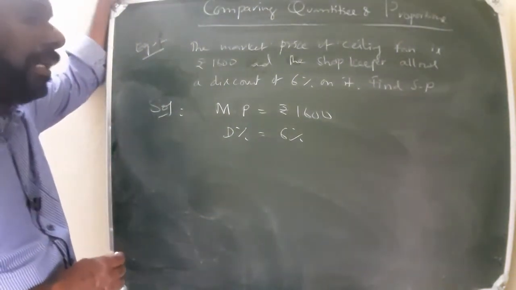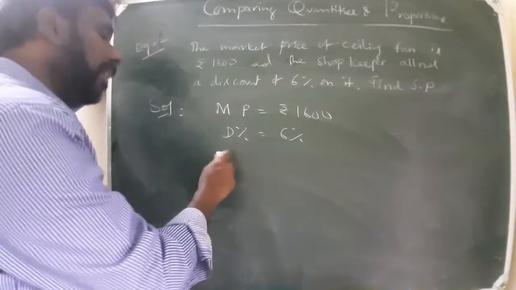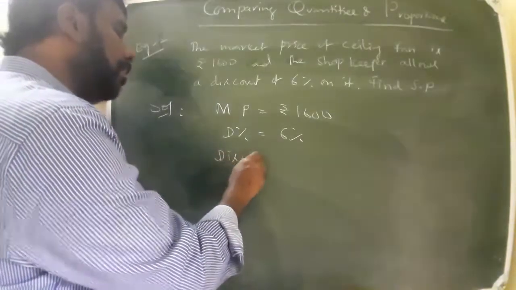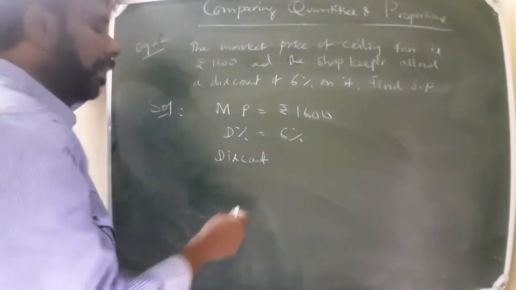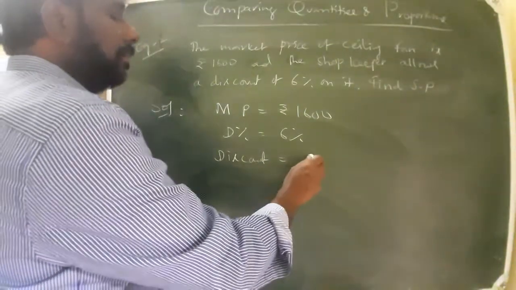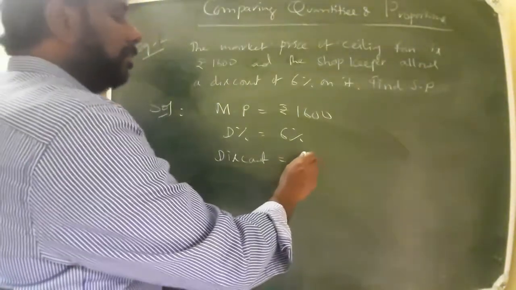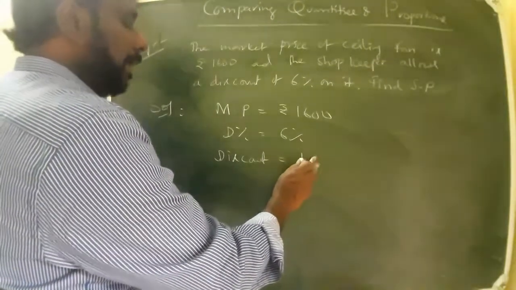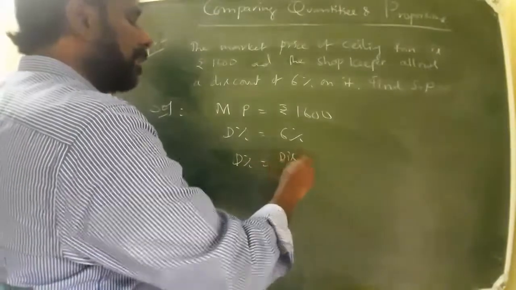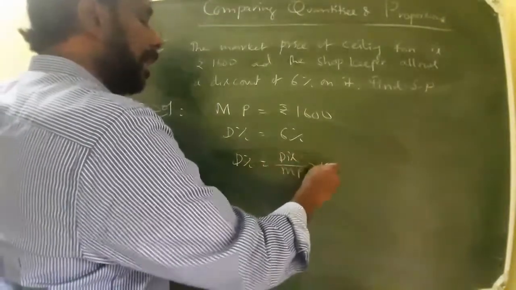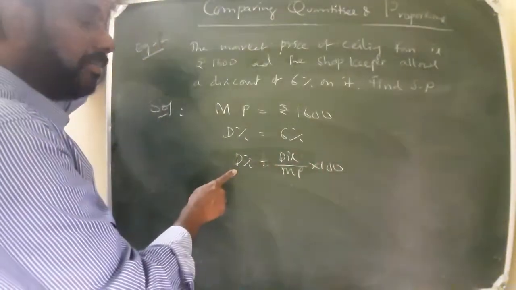If you want to find the actual discount, the discount percent formula is there, no? Actual discount by market price into 100. Whatever you know, you can substitute.